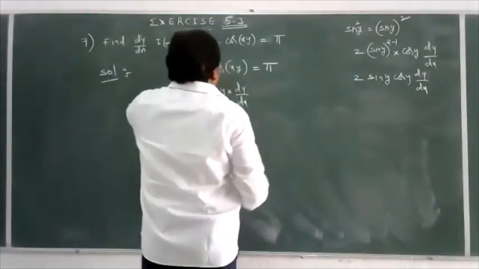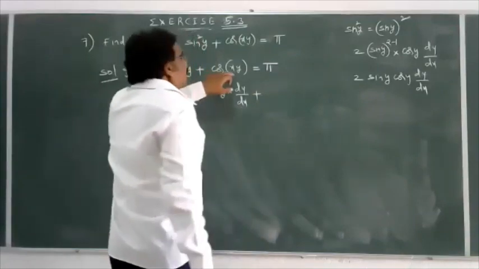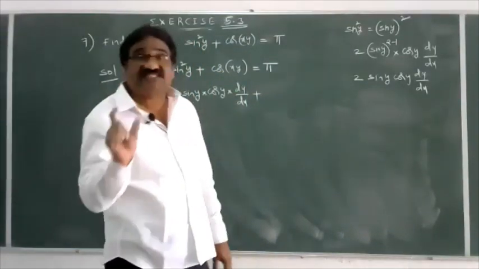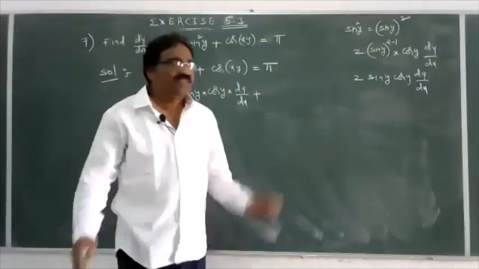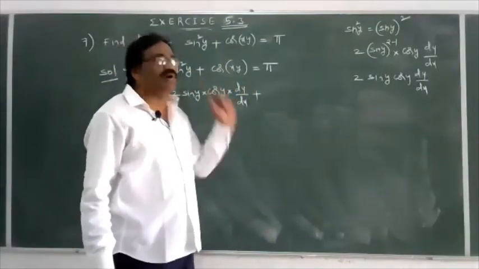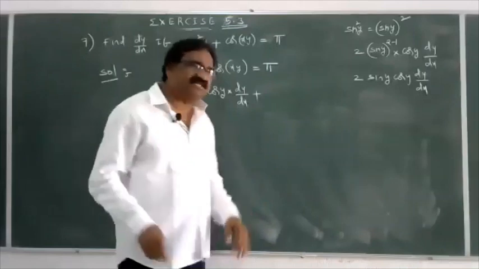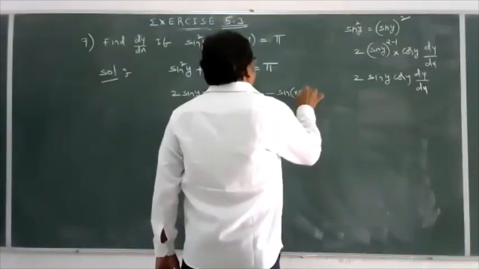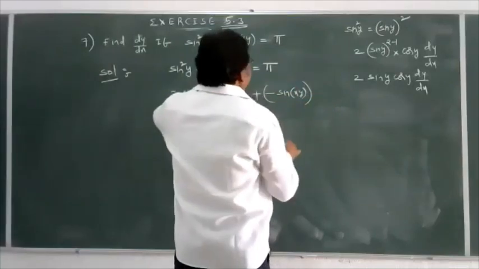Here plus cos of xy. First you treat this xy as x. What is the cos x derivative? Minus sin x. That is minus sin of xy into what is x here? Xy.